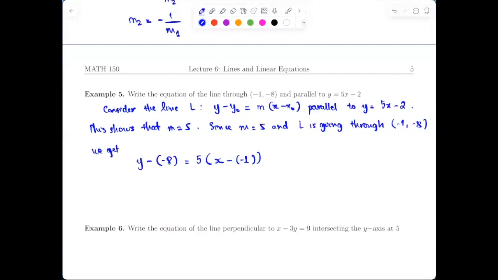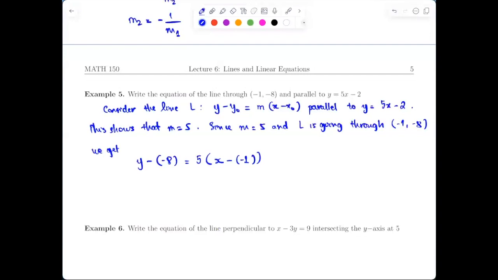This is the equation of the line that we need to find: the line going through (-1, -8) and parallel to the given line. Because there's no request to turn this into slope-intercept form, this is a good answer. You with me on that?